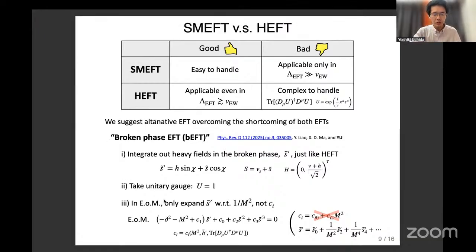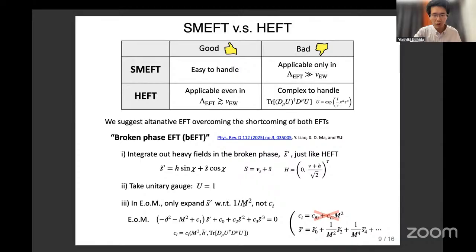But in our effective field theory, this is the equation of motion, and if we try to solve this equation of motion with respect to S tilde prime, in the usual EFT we expand S tilde prime in terms of 1 over m squared with the coefficients being the parameters in the original Lagrangian.